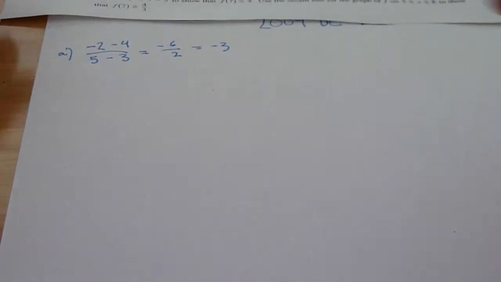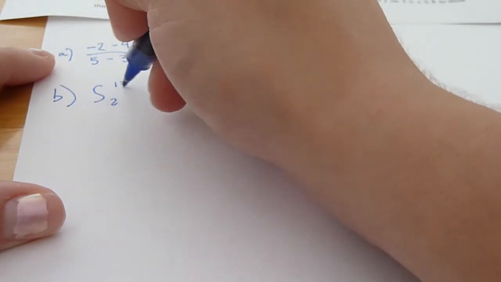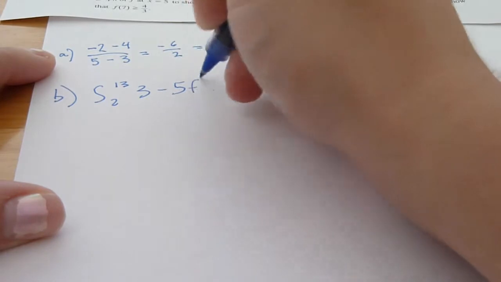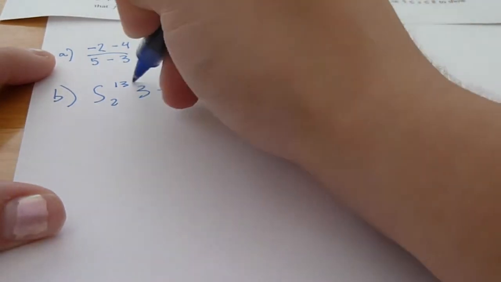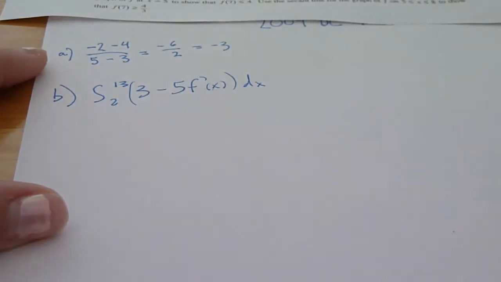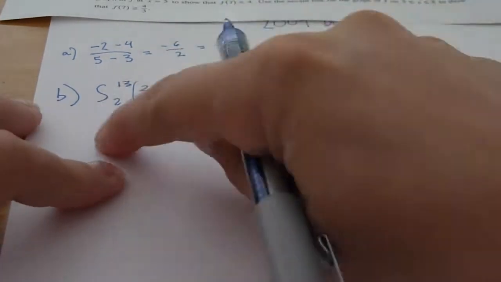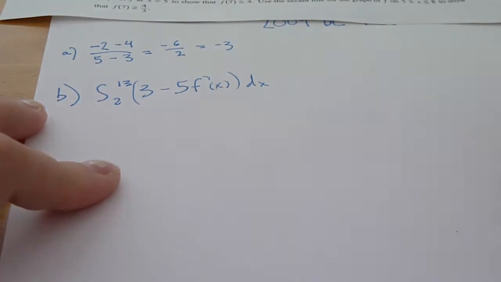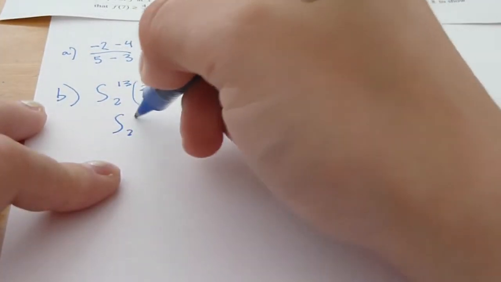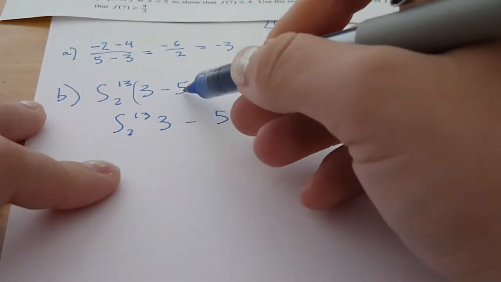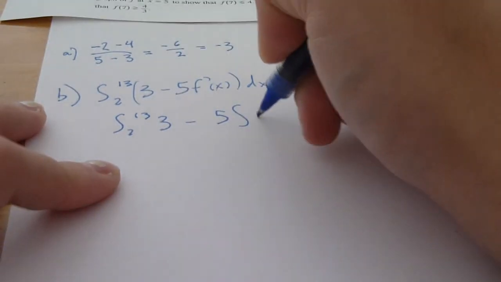I'm just going to rewrite it here for you so you can see it better. What we're going to do is split these up. We're just going to distribute the integral, and we can pull out the constant 5 on this one.